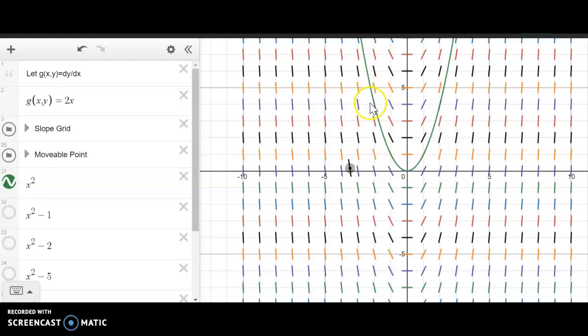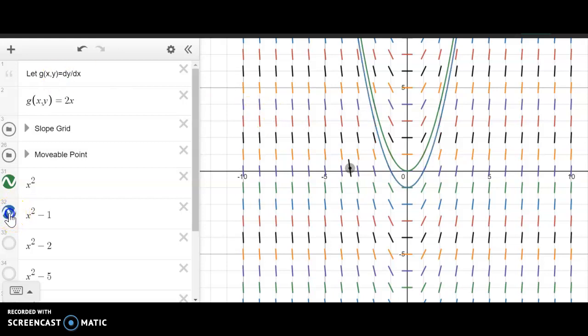So in this spot right here, we can't even really see that little slope field piece because it is parallel to this line, or to this parabola right here. So what the slope field does is it tells us the direction of the solution at any given spot.